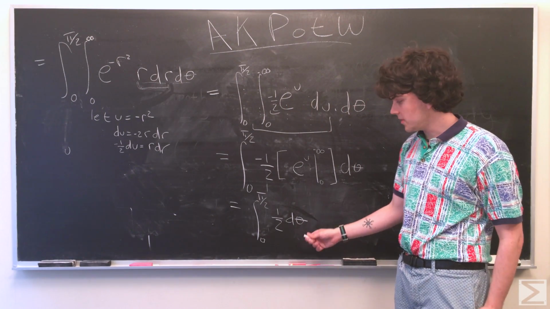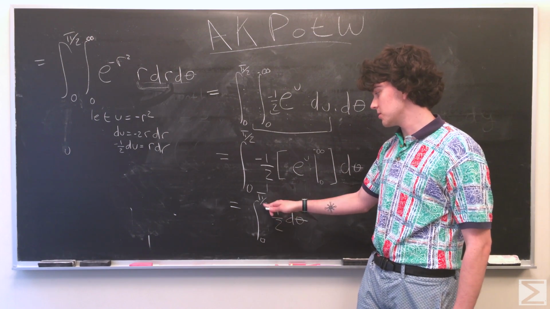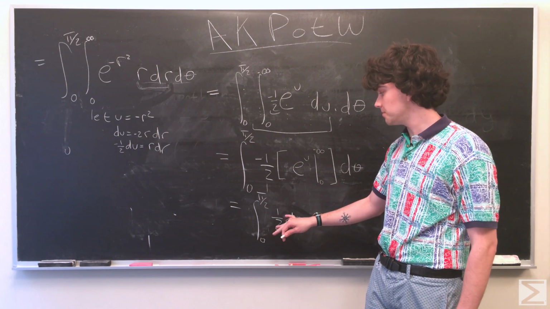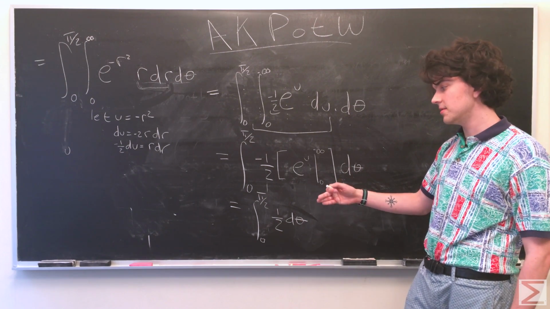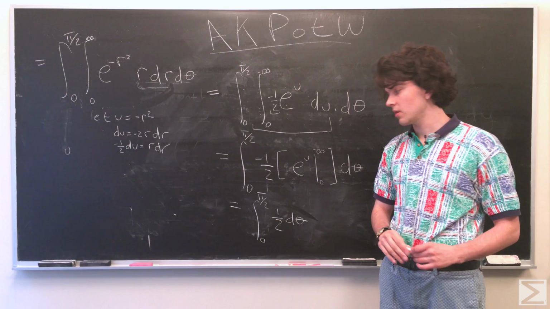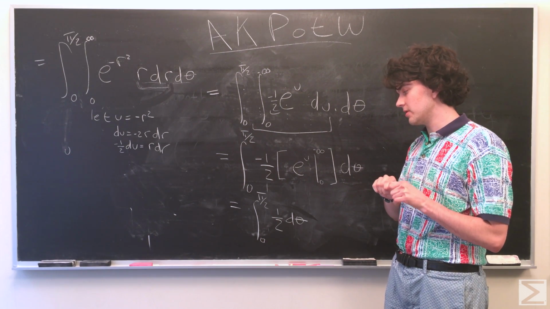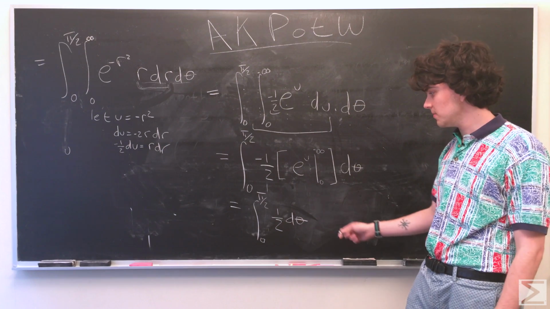Again, we can take out this constant, and since this is just 1, we're just going to subtract the two limits, because this is going to integrate to theta, evaluated from 0 to pi over 2, and that is just going to yield pi over 2, and again we're multiplying that by 1/2.